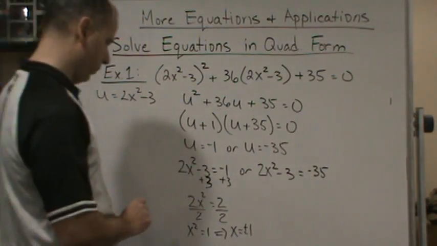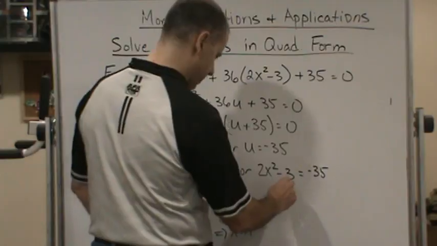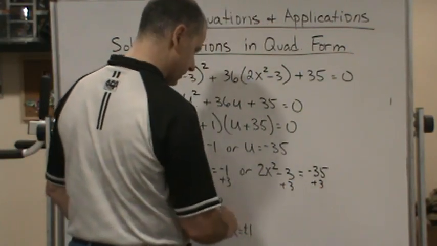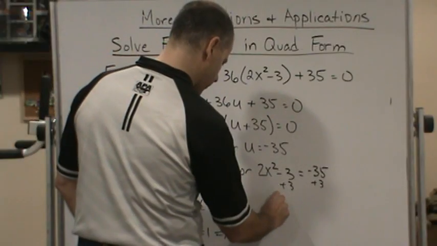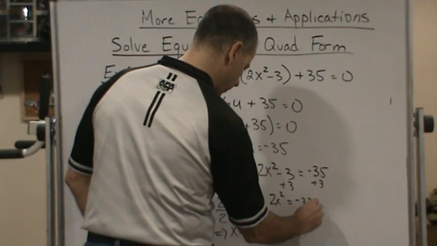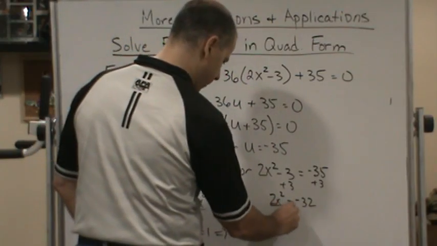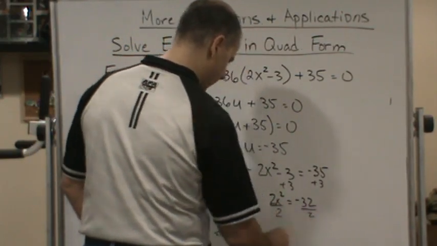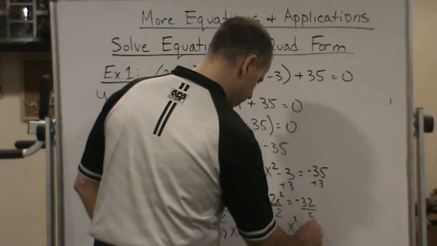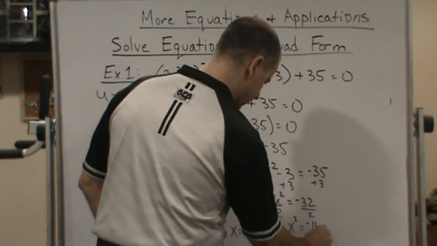Okay, now, what about this side? So let's solve this side. So again, I'm going to add 3 to both sides. That's going to give me 32. So I'm going to get 2x squared is equal to -32. Now I'm going to divide both sides by 2. And that's going to give me x squared is equal to -16.